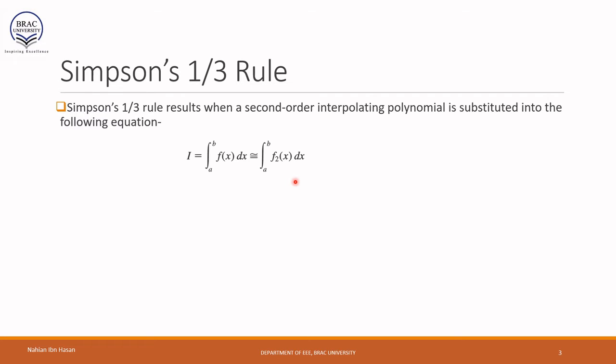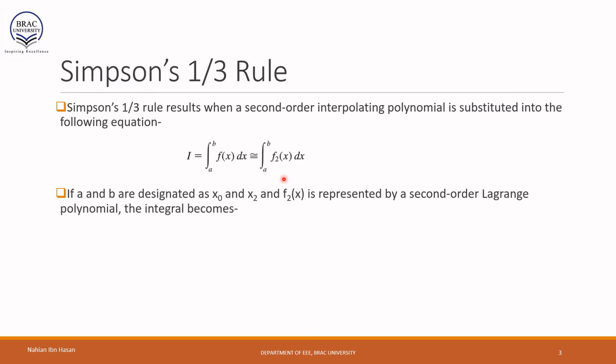Since I already have the 2 boundary points in a segment, I need another data point within this segment. That will let me use a second order polynomial to connect the boundary points. So that's why we have changed the function notation here to f2 of x.